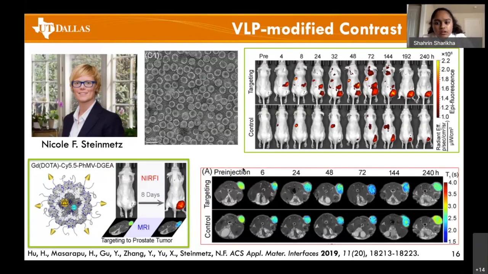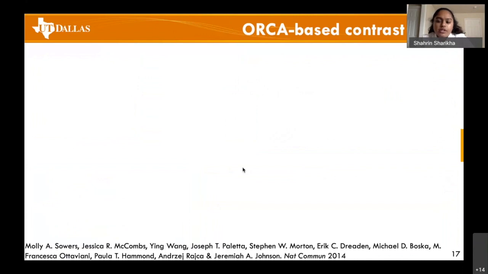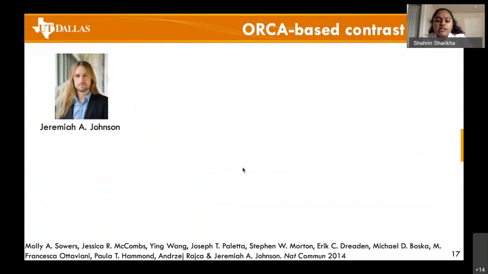So another type of contrast agent are ORCAs, or organic radical contrast agents. Jeremiah Johnson is a researcher who has been researching this topic for a while now, and he and his team have been concerned about the toxicity that accompanies metal ions, as I mentioned countless times before.